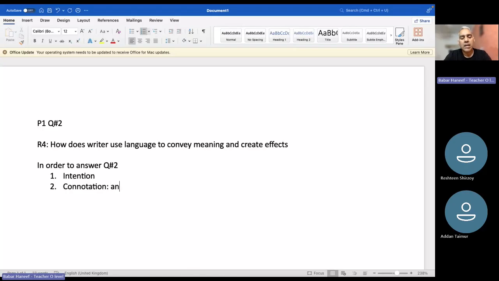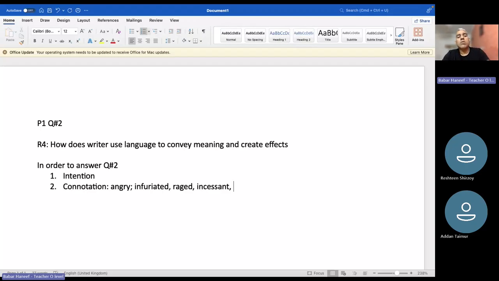Similarly, the word angry shows a sign of being upset or cross. But we can look at other words instead of angry, like infuriated, raged, and incessant. This is one word which comes a lot of times in the paper, by the way. Incessant is again a shade of being angry.